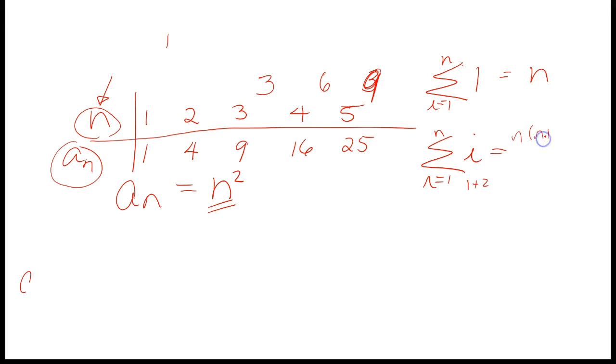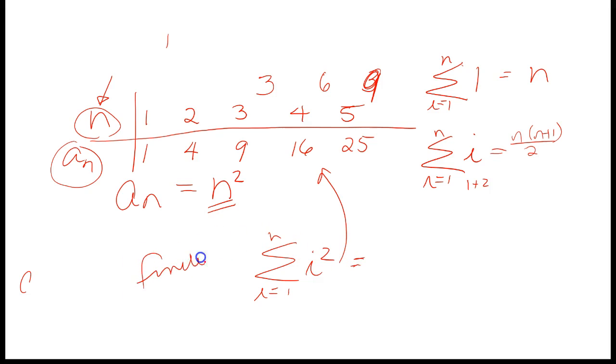Look at your equation sheet for that formula. Finally, you have one that looks like this: summing from 1 to n, a finite sum, and it's n times n plus 1 times 2n plus 1, all over 6. So those are on your equation sheet. Take a look at this and see if you have any further questions.